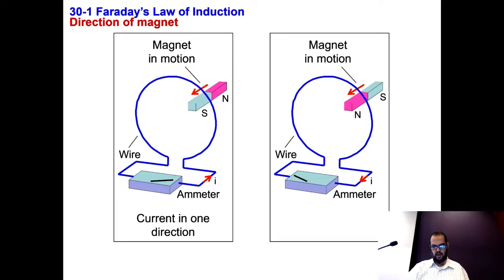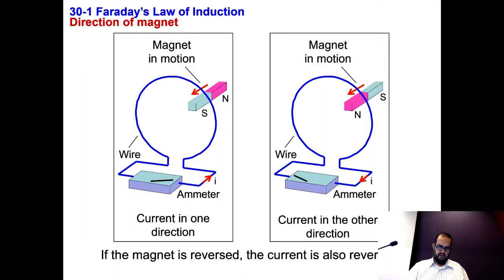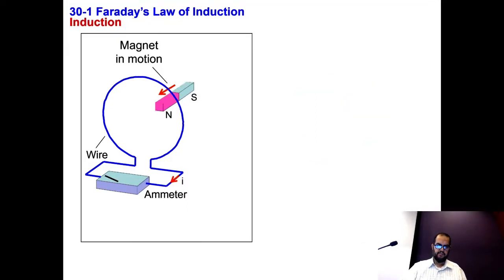And that's where the role of the physicist and the mathematician comes in, in order to convert these experimental observations into equations and into models that explain what is going on. Okay? So, if the magnet is reversed, the current is also reversed, meaning if you reverse from the south to the north pole, you get different deflection in the current.